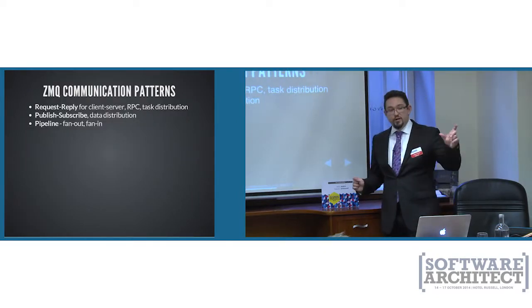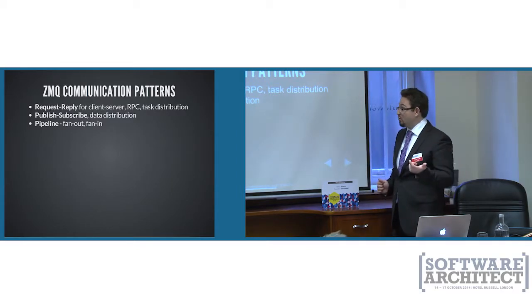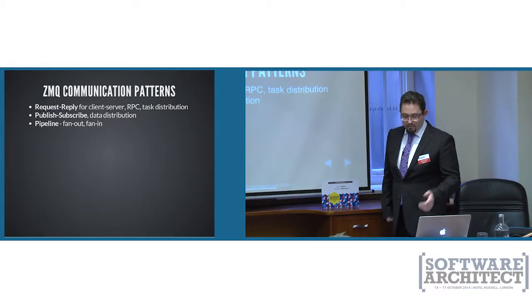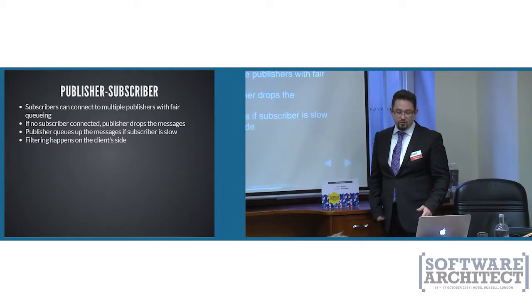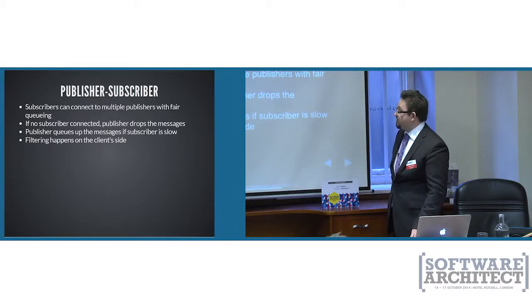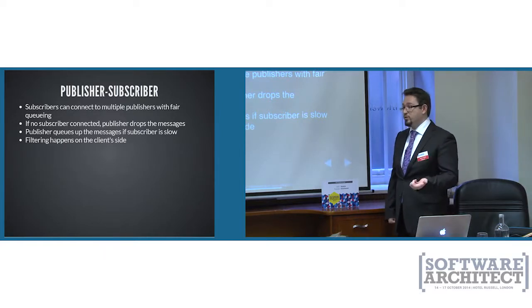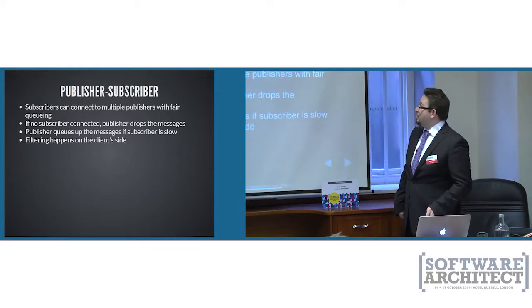When you define the socket, you have to define its role in the communication, and this is one of ZeroMQ's drawbacks. You can't change it later. So if a socket was a push socket, then you can't really use it for duplex communication.